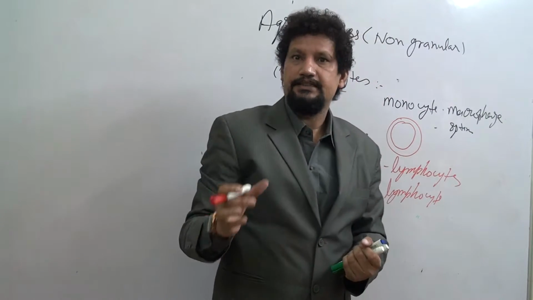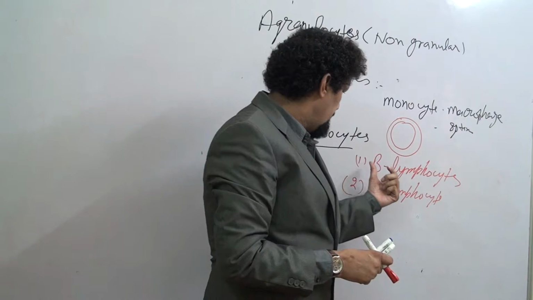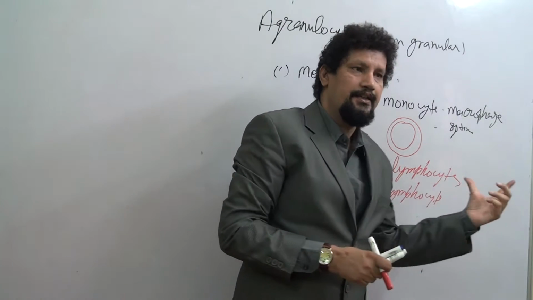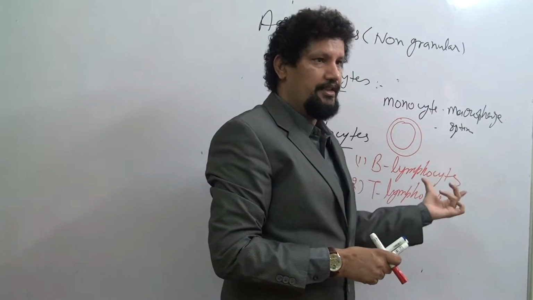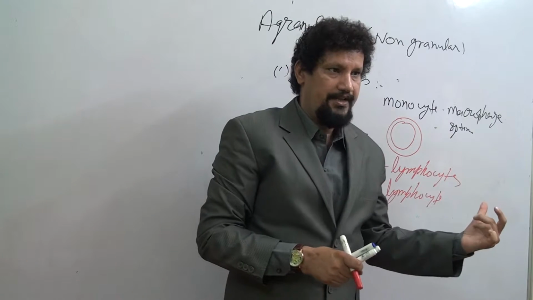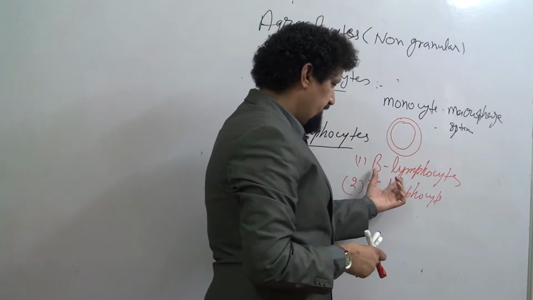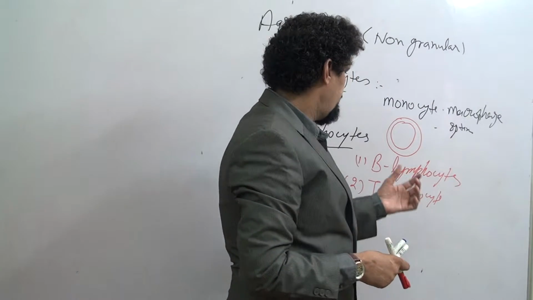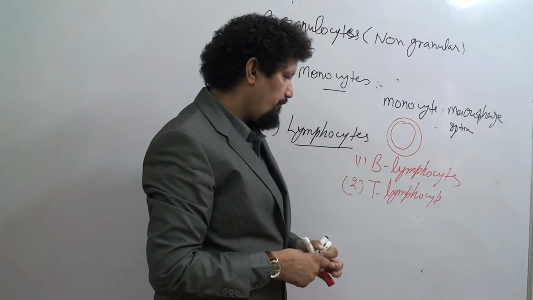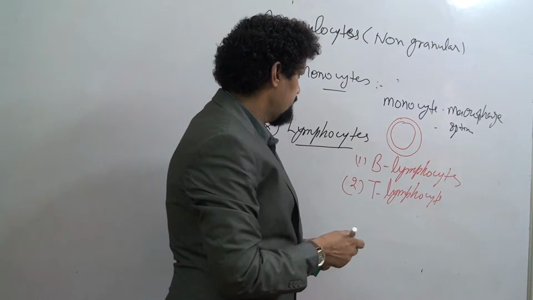If the body is exposed to some antigen, lymphocytes will differentiate into B lymphocytes, and these will mature and grow as B lymphocytes. These cells, B lymphocytes, in response to antigen will give origin to the plasma cells.